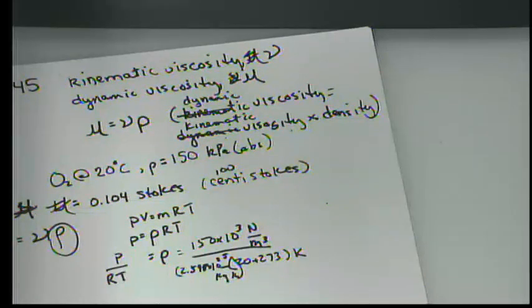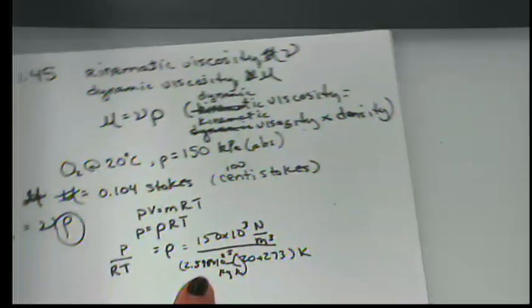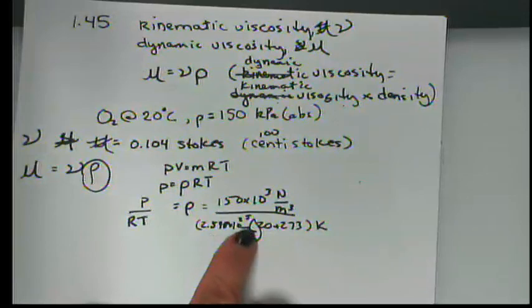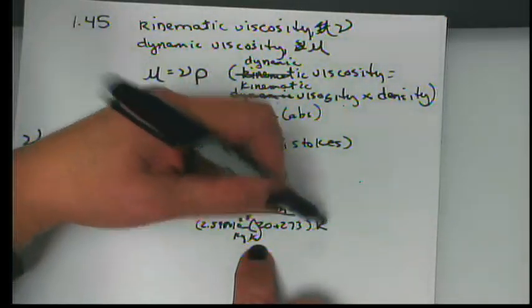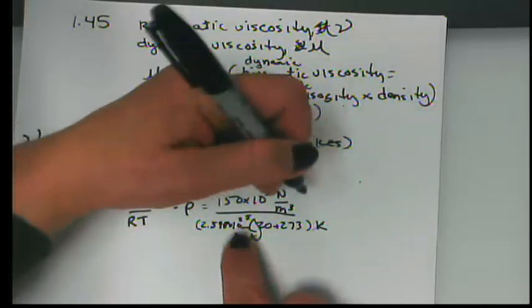Okay, so if we use that 2.598 times 10 to the second in units of joules per kilogram Kelvin, what we find for our density is that the kelvins cancel out, and we have to think about what is a joule.